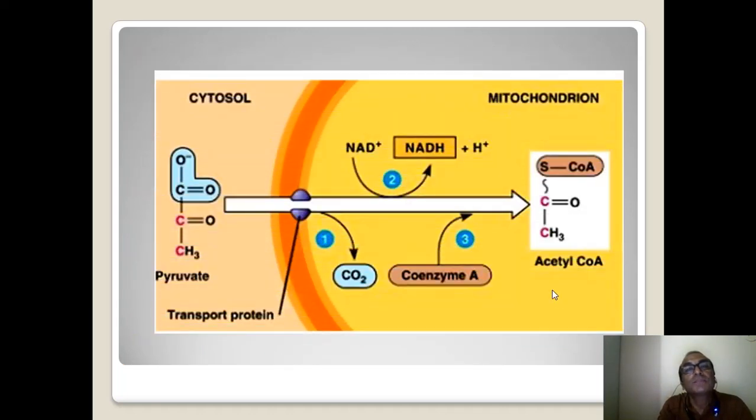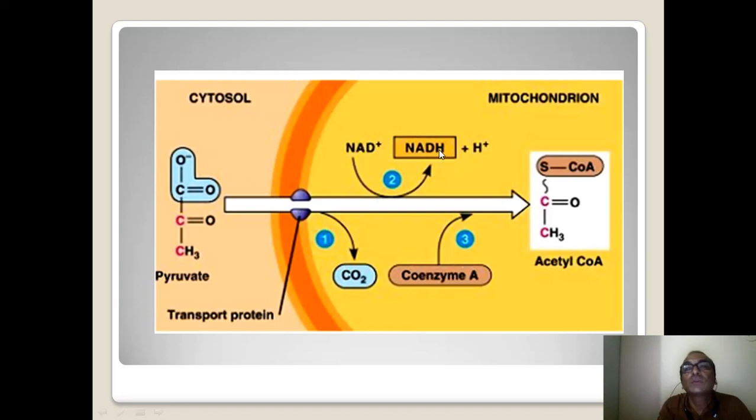Going to the diagram, yes, this diagram represents the same reaction. See here, this is the pyruvic acid or pyruvate in the cytoplasm. Now, when it enters into the mitochondria, what changes take place? Carbon dioxide is released, so decarboxylation is taking place, and 2 hydrogen atoms are removed from it.